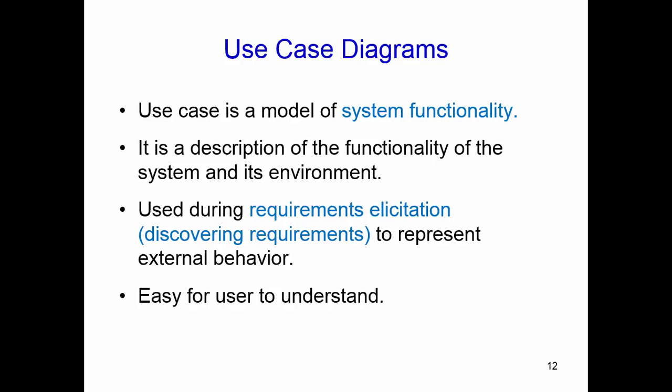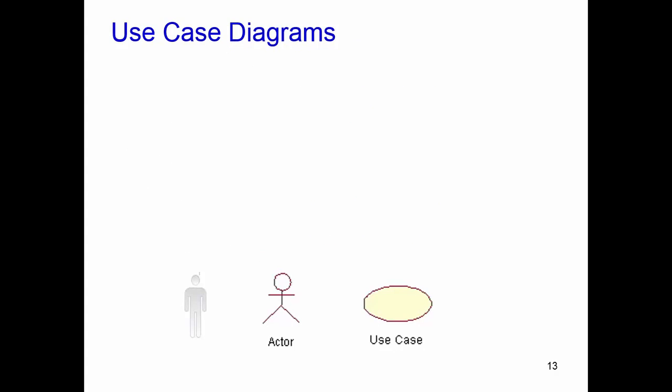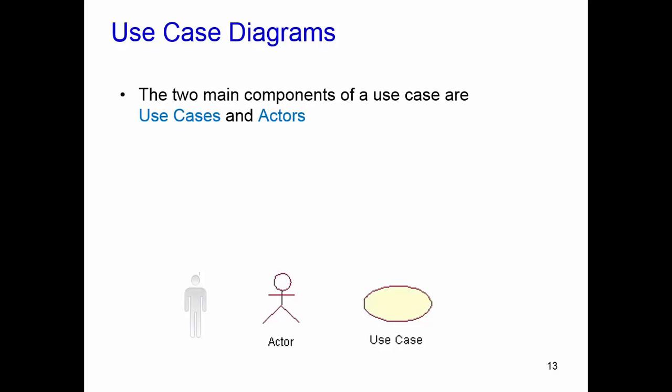These are diagrams that are very easy for the user to understand and very simple to create. So you're going to have these two things, the actors and the use cases, and we're going to use those to describe the behavior.